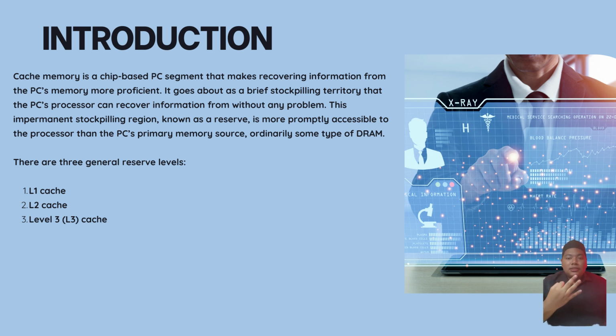So there are three general cache levels. Level 1 cache, which is known as primary cache, is extremely fast but generally small, and is usually embedded in the processor chip as CPU cache. L2 cache, level 2 cache, or known as secondary cache, is often more spacious than level 1.